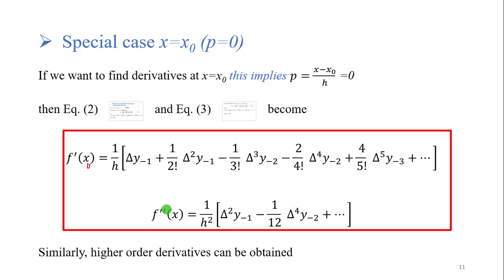Similarly, the second order derivative at x naught is equal to 1 by h square [del square y minus 1 minus 1 by 12 del 4 y minus 2 plus and so on].